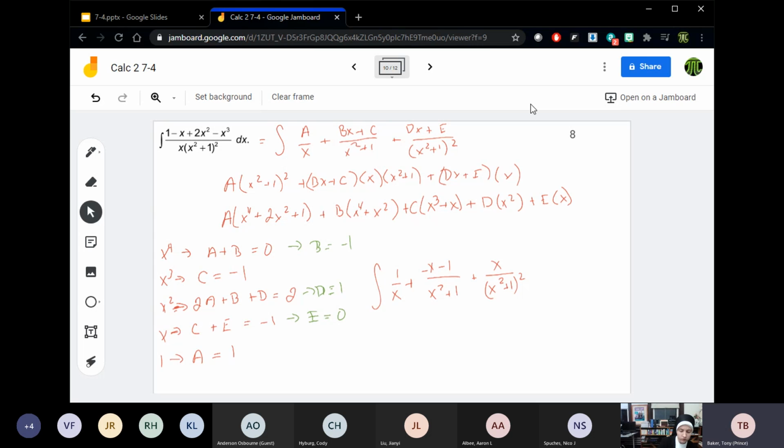And if I want to make it a little bit simpler, I'm going to take this negative sign out there and put it there, just so I don't have to worry about the negative sign in the problem. All right, so that's my new integral that I'm going to work with.